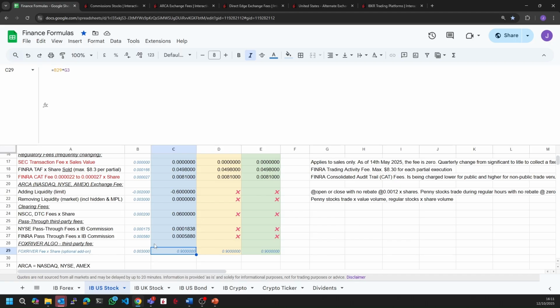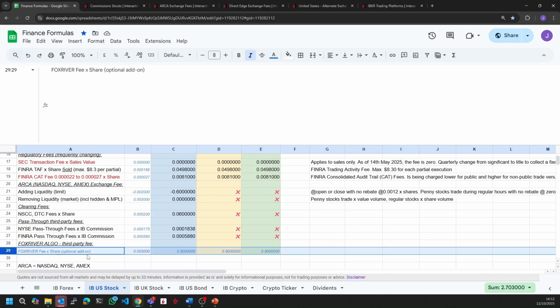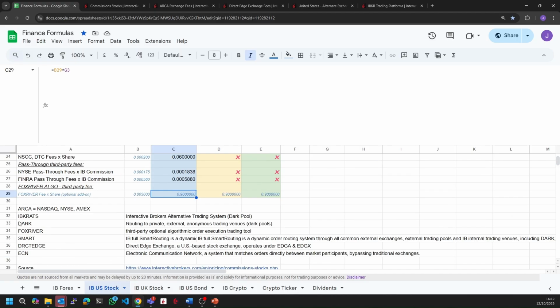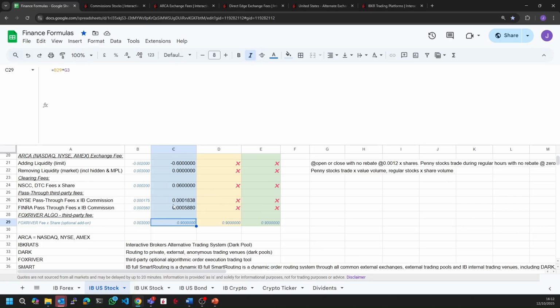It's a third-party system that is handling a huge volume of transactions in a smart way, so that it doesn't impact the price on the public exchanges. This order will go through public exchanges and through private pools and dark pools, alternative systems. It's something like an alternative to the Interactive Brokers IBKR ATS system.